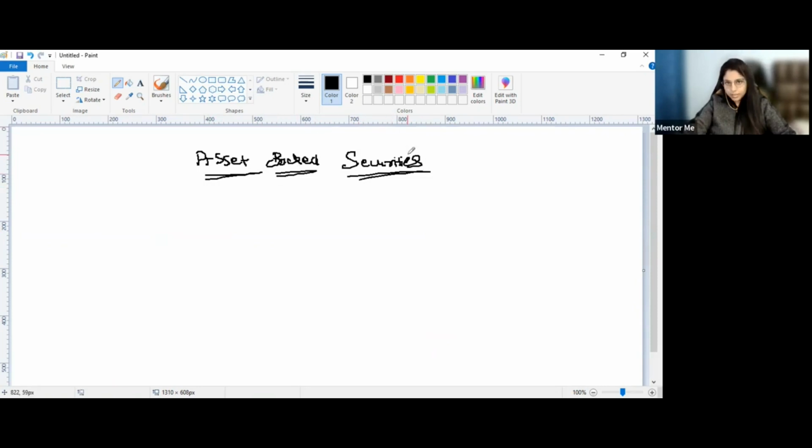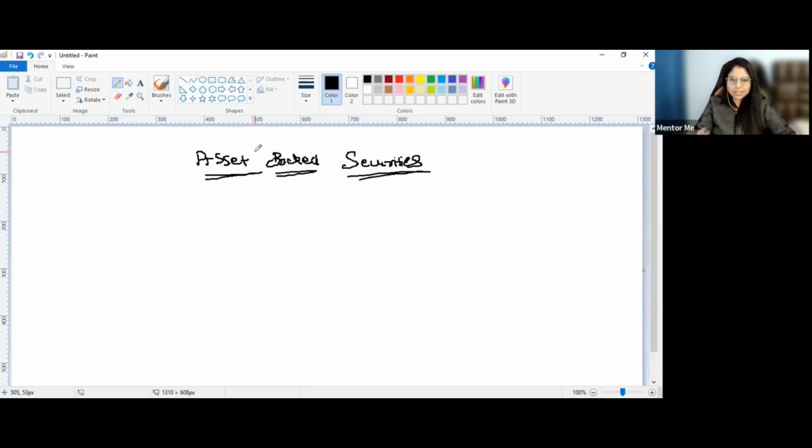Now these are securities which are backed up by some asset. Now how do they work? I'll give you an example, considering the structure of how asset-backed securities are designed and the purpose for which they are designed. ठीक है, क्या होते हैं ये? We'll understand it. There are a lot of details to it that we will pick up in fixed income securities. For now, just the concept, what exactly asset-backed securities are.